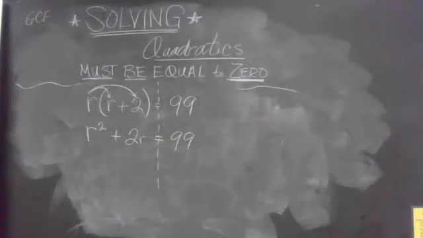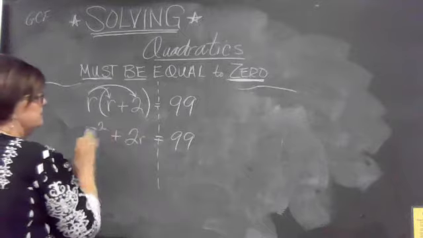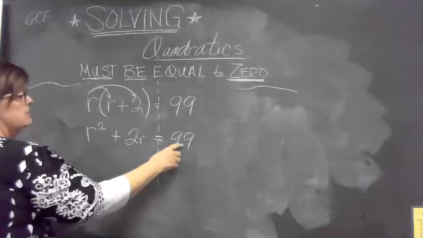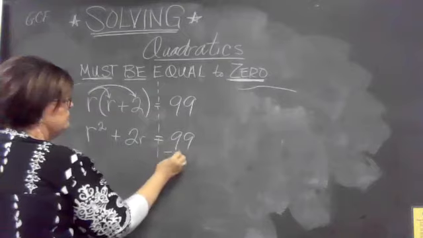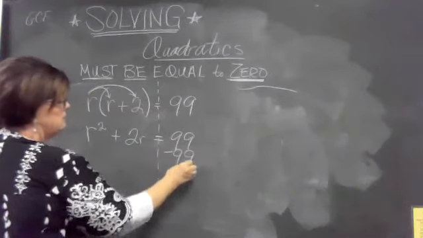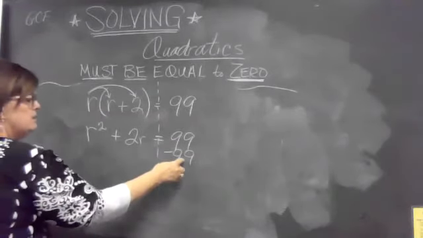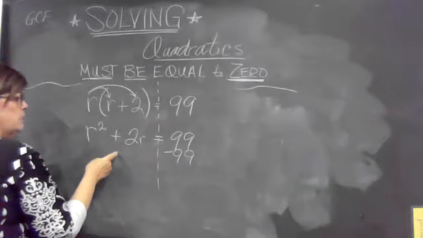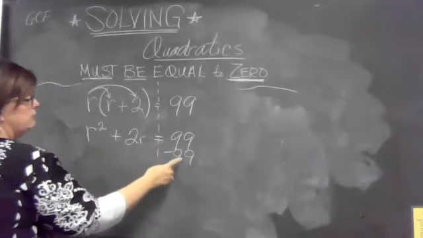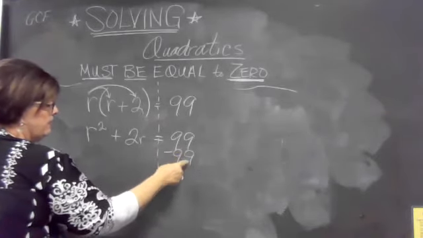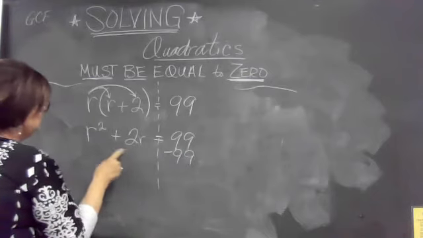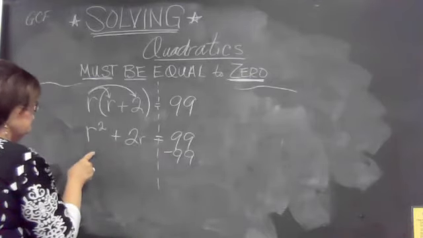Okay? So we're getting closer because now I'm done with my parentheses and I still want this to be equal to 0. The only way I can get this side to equal 0 is to subtract this thing off of here. Whatever I do to one side, I need to do to the other side, which I will, but be careful. This is a constant, which means it's a plain number. I can't subtract it from r's, and I can't subtract it from r squared.